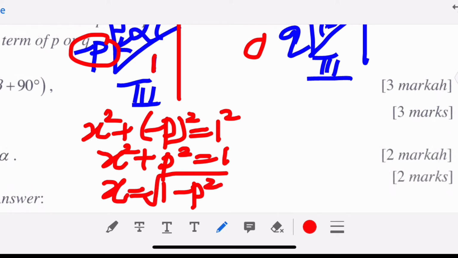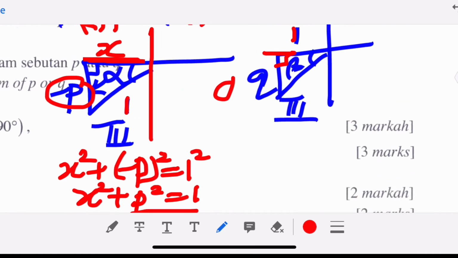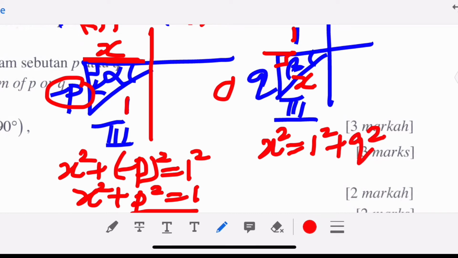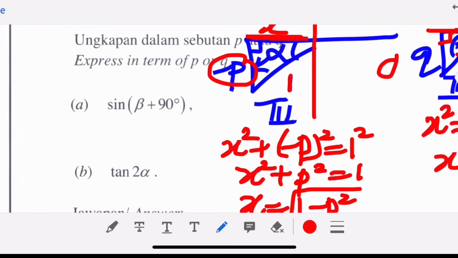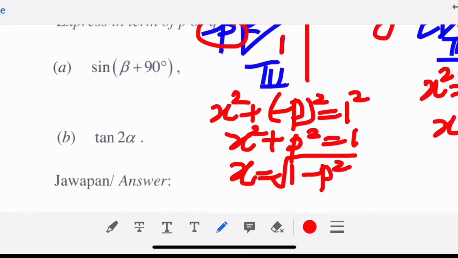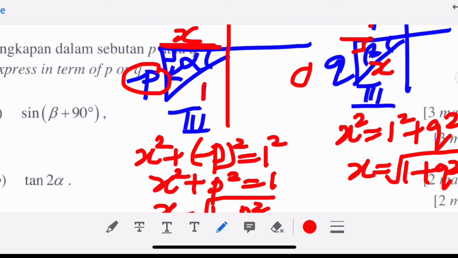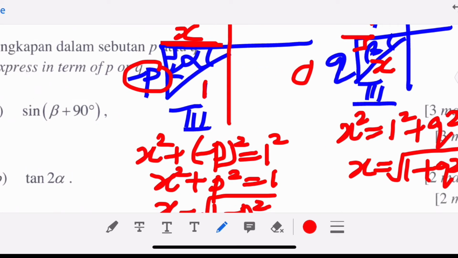And for this one, the hypotenuse x squared is equal to 1 squared plus q squared. So x is the square root of 1 plus q squared. So we need to find the side first before we can read out the sine beta, right?